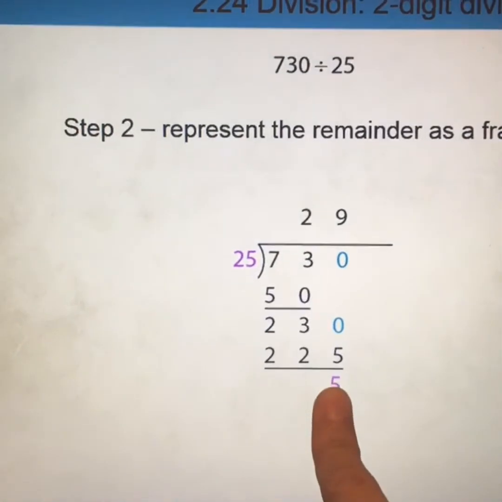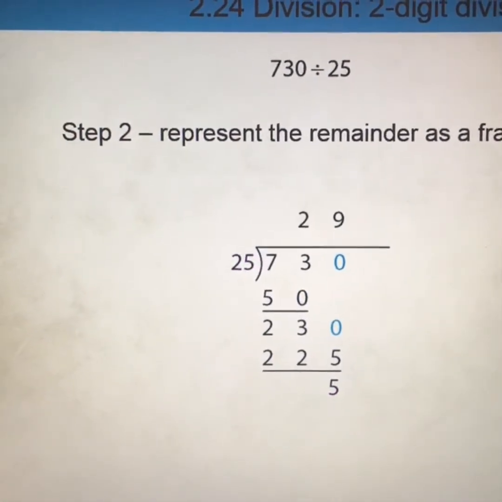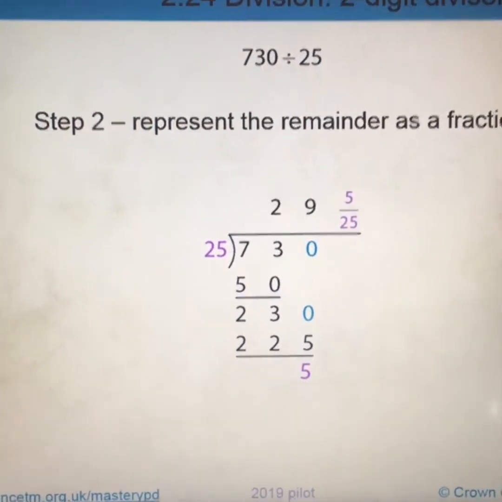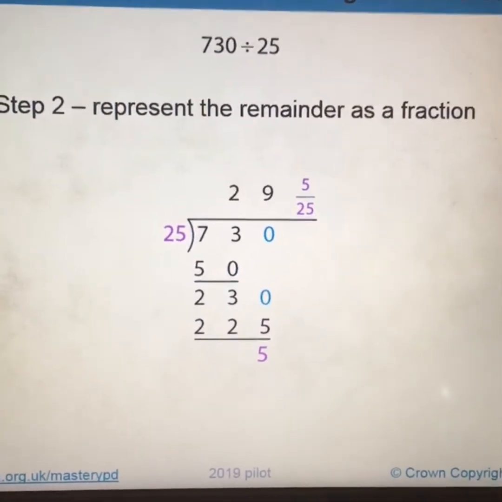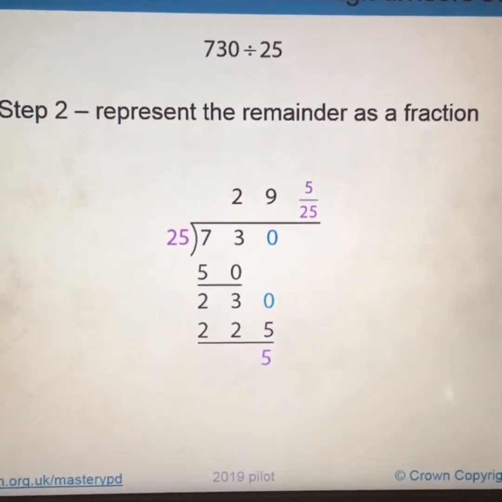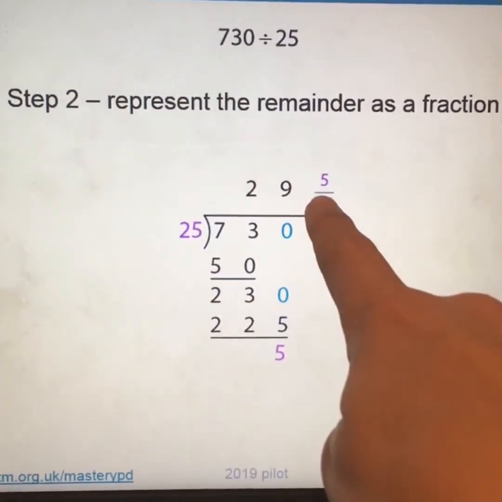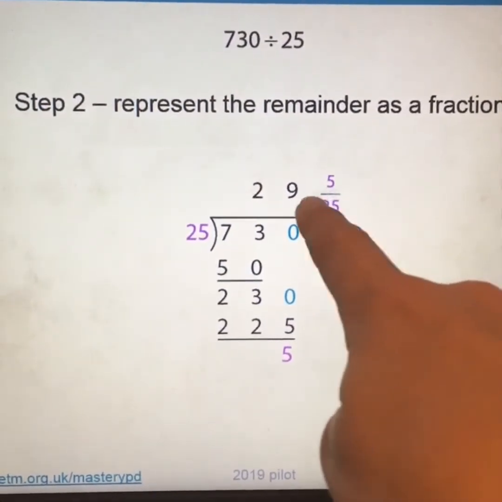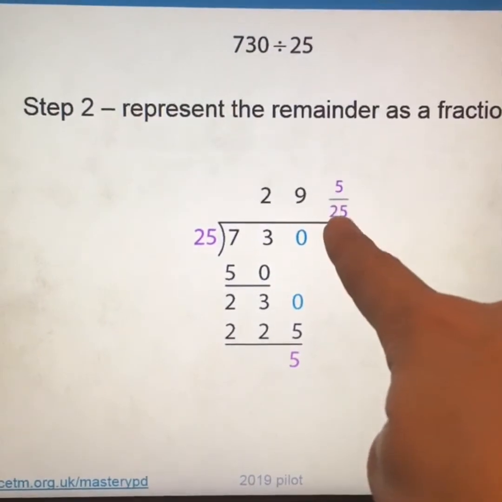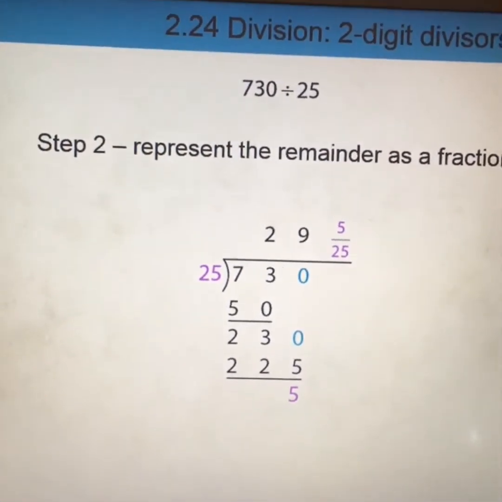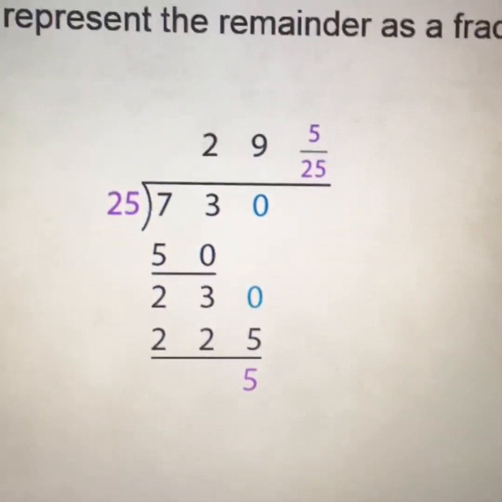So I was going to share this 5 kilometres between the 25 journeys. So 5 divided by 25, 5 over 25. Remember that line means divide. So we can write this as 5 out of 25, 5 divided by 25. So we can write that as a fraction.